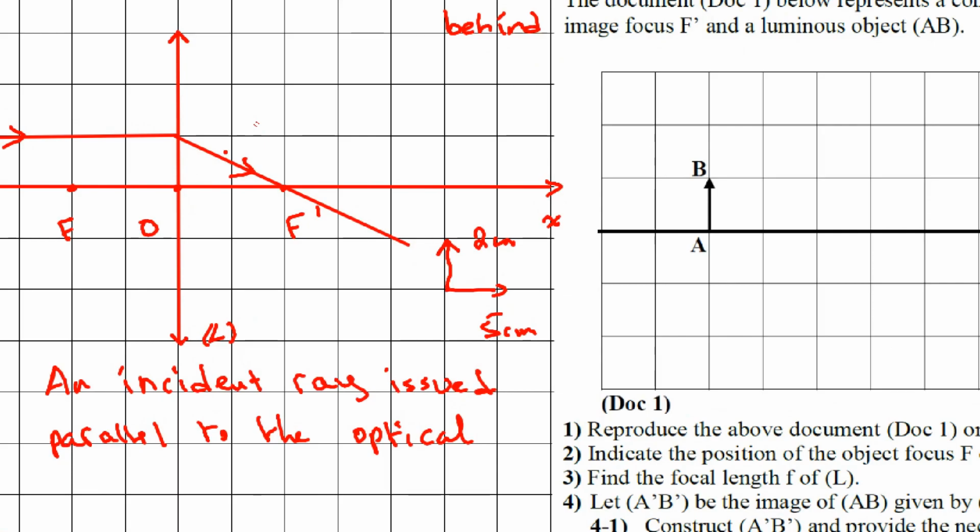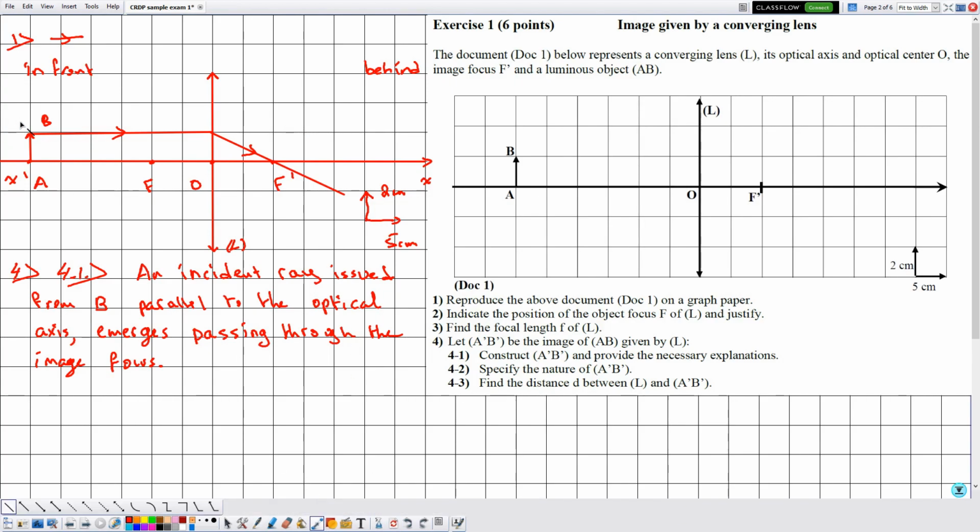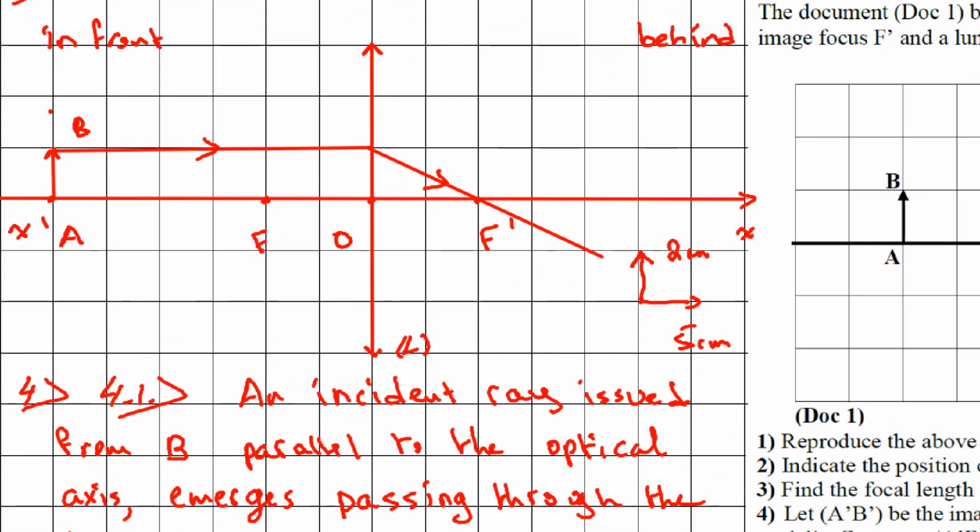It emerges passing through the image focus. And now let's consider another incident ray issued from B. We have two choices. Either we consider one issued from B and passing through the optical center, or issued from B and passing through the object focus.